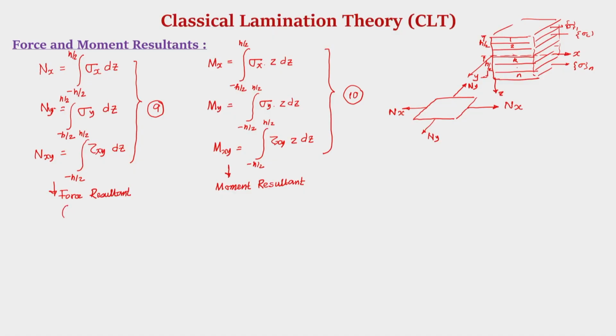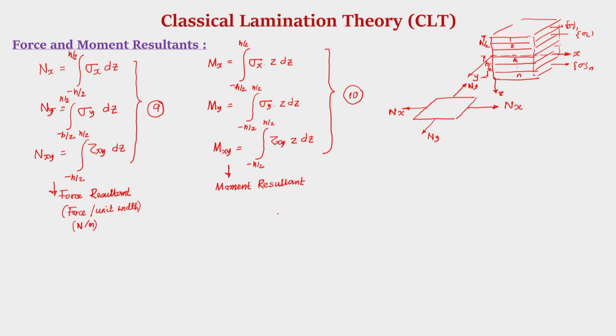But in this case we have only multiplied by the thickness and not by the width. Therefore, even though we are calling this the force resultant, this is actually force per unit width or force per unit length. Therefore, it is Newton per meter.